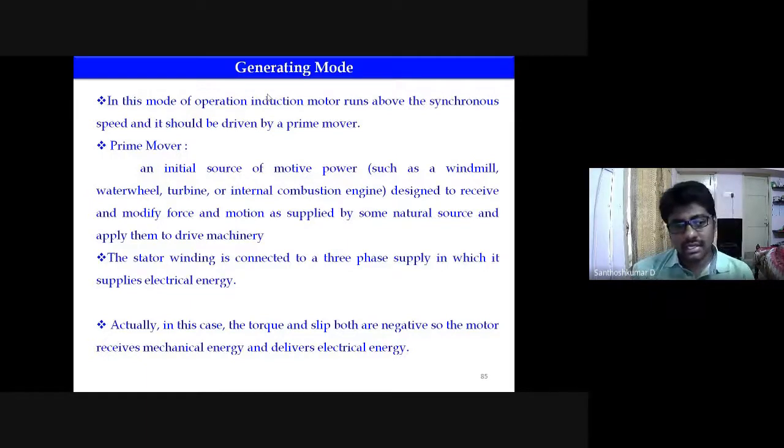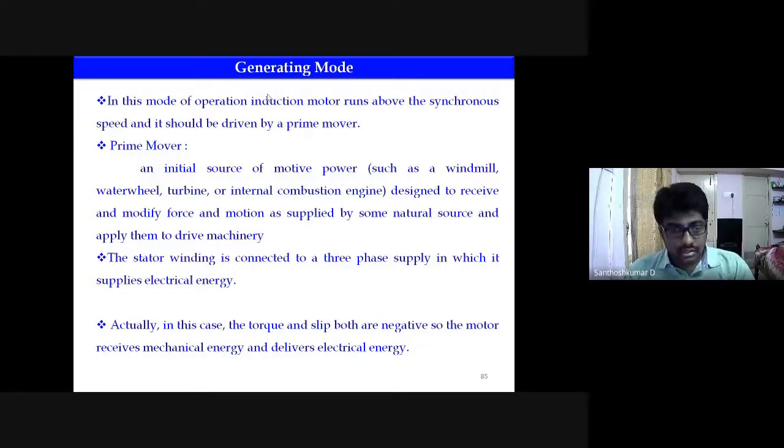Here the stator winding is connected to a three-phase supply, which supplies the electrical energy. But in this case, torque and slip are both negative, so the motor receives mechanical energy and delivers electrical energy. You are asking, sir, we give electrical energy on the stator side, and we make the rotor speed very high by some external power, so how is it producing electrical energy?